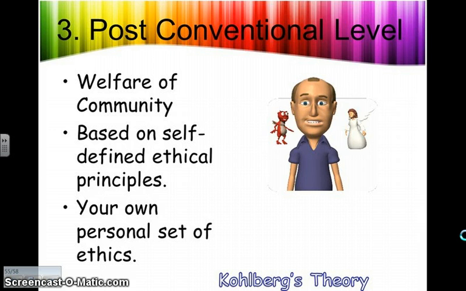Stage 6 is a little bit higher and kind of with the idea that sometimes people will have their own universal ethics that they go by. So decisions are based more on an individual's own principles of justice, which might, in certain cases, supersede any of society's laws. And again, he says most people never get here.